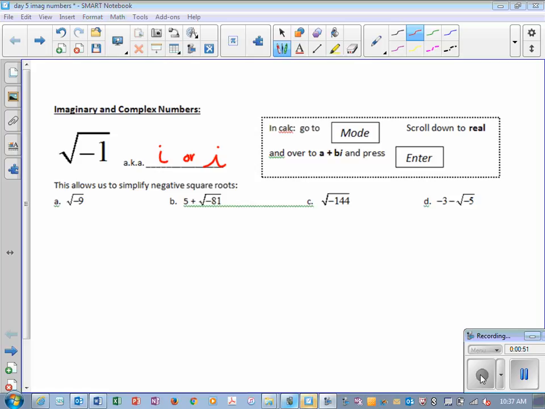So why is the square root of -1 an imaginary number? Because if you put it into your calculator, it says error, non-real answer. Okay, but think about this. Square root of, say, -4, right? Is there a number that you can multiply by itself so you could get -4? No, you can't.